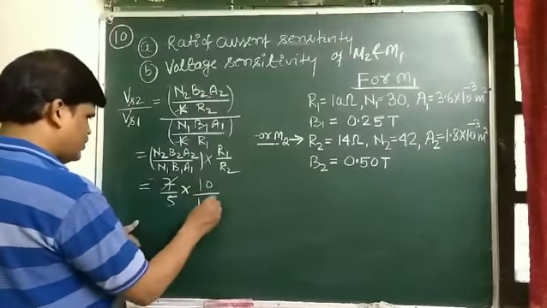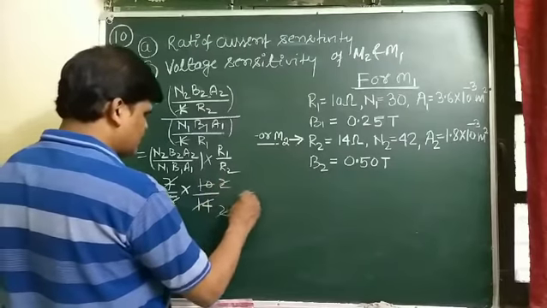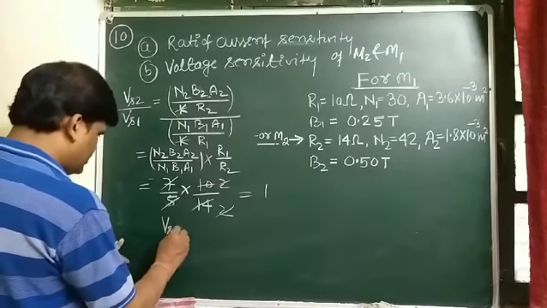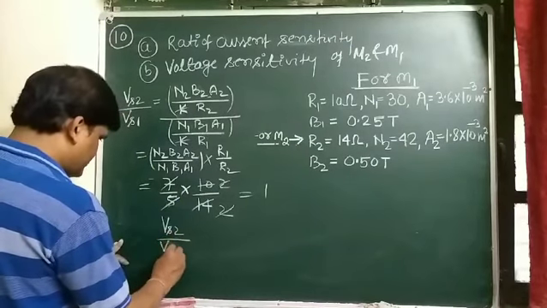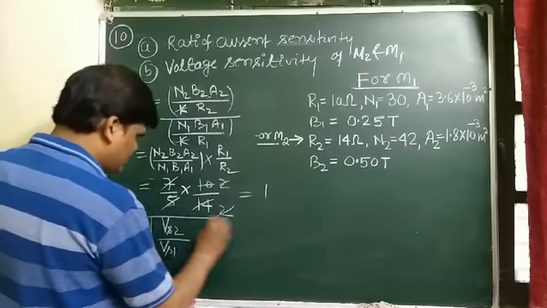So 7 twos are 14, 5 twos are 10, 2 ones are 2, so that is 1. So the ratio of voltage sensitivity of meter 2 to meter 1 comes out to be 1.